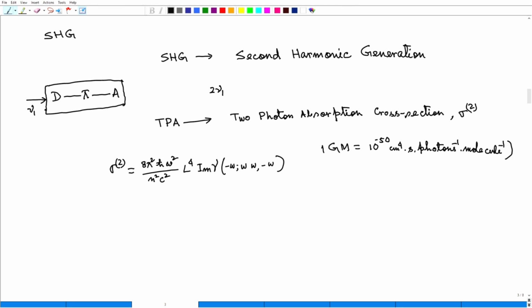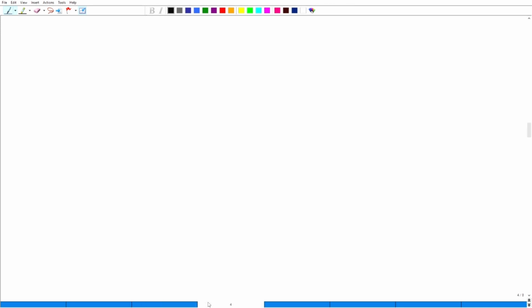Okay, so this is something you should forget immediately, all right. We do not worry about this thing, but as a chemist we have something. Okay. I will also explain this two photon absorption cross section, a little bit, that will be understandable to you.